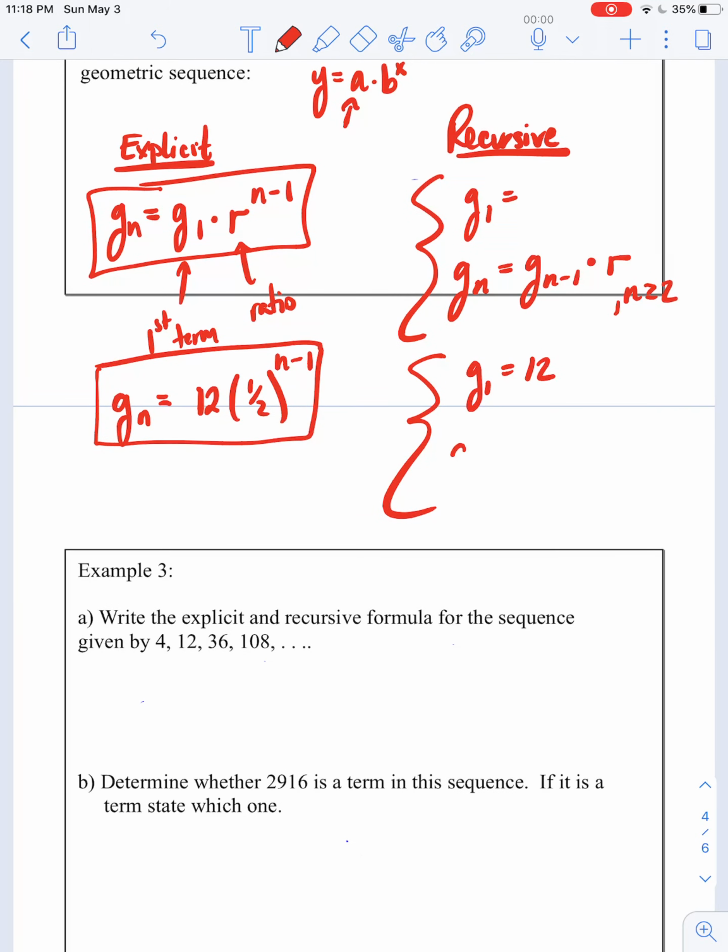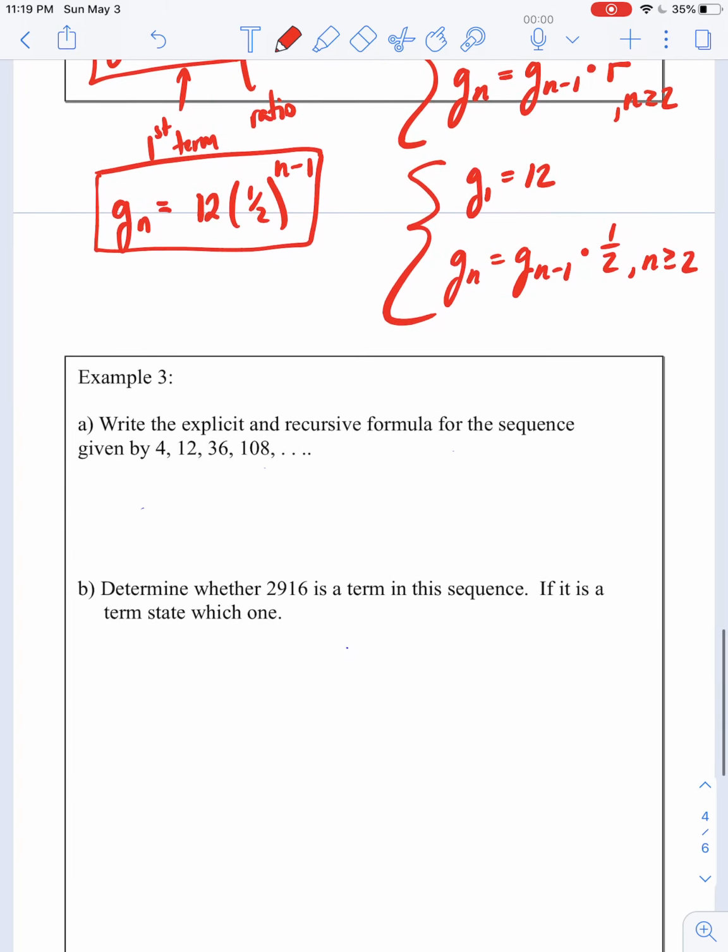So you're telling the reader where to start. And then you're saying my nth term is the term before it times a half, where n is greater than or equal to 2. So writing the recursive formula is a piece of cake. You're literally just telling the person, hey, take the previous term and multiply by a half. And that's how you'll get the nth term. But unfortunately, if you needed to get far in the sequence, that's a pain.